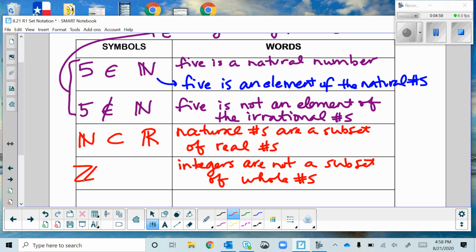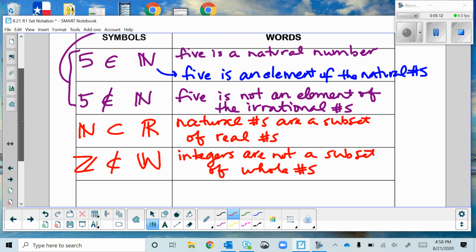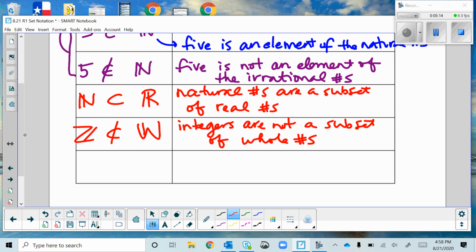The funky Z for integers and whole numbers, the funky W, and I put that symbol with the cross through it. The integers are not a subset of whole numbers. And this is what we use when we're talking about groups or subsets.